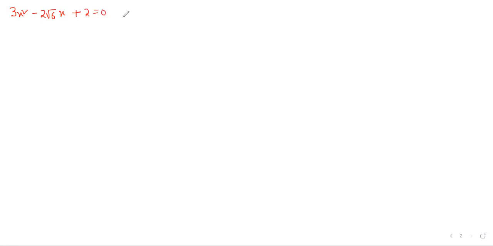So we shall try to solve this using the method of completing square.